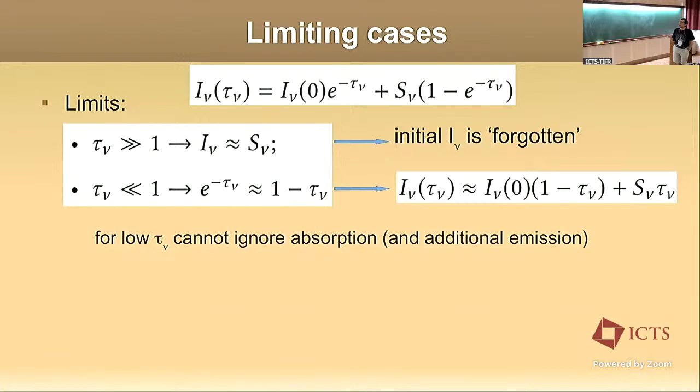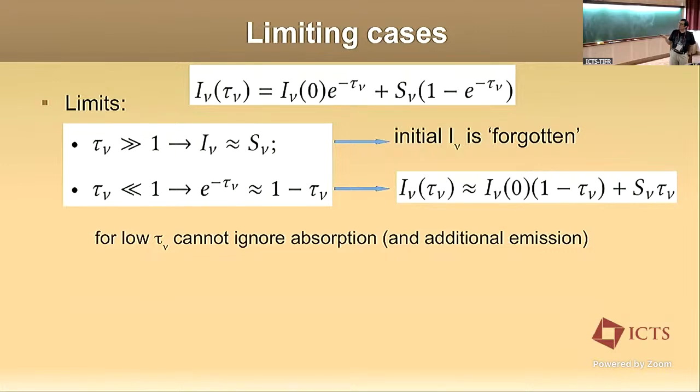So what happens basically is that for high optical depth, the initial intensity that enters the cloud is forgotten because it's all gone by now. And all that remains is some balance between whatever the cloud emits and whatever the cloud absorbs, which is described by the source function.